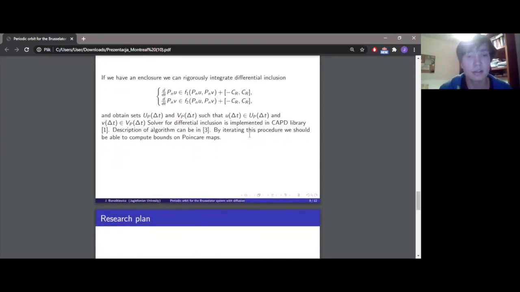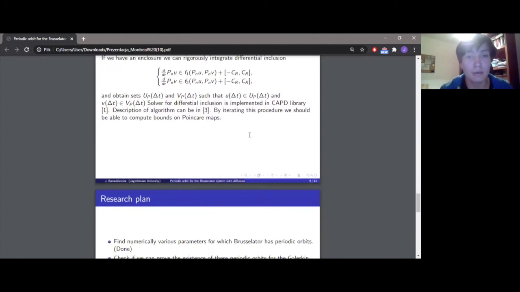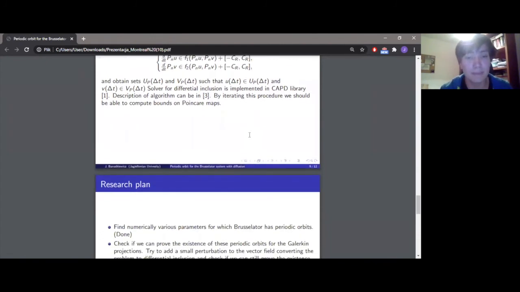And a solver for differential inclusion is implemented in the CAPD library, and by iterating this procedure we will produce bounds on the Poincare map, and we hope that we can get that the image of the Poincare map will be contained in the initial set.